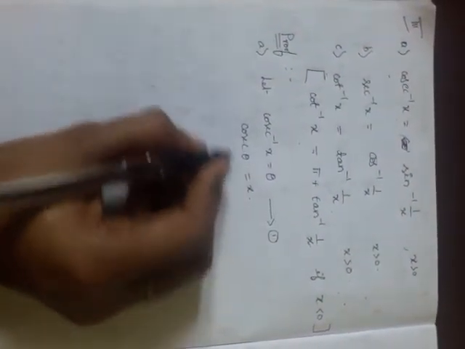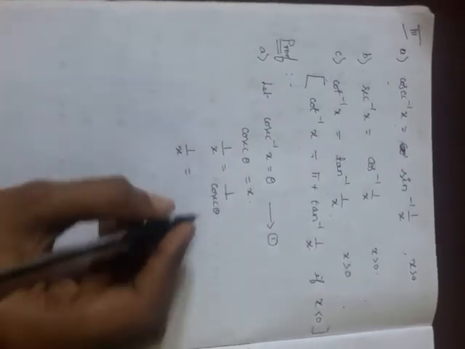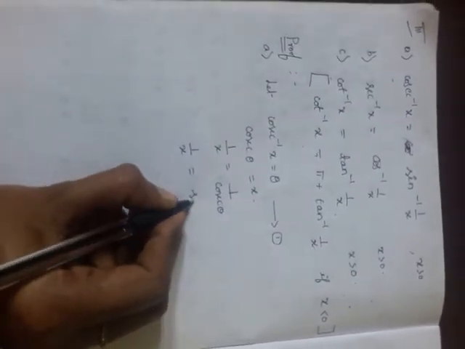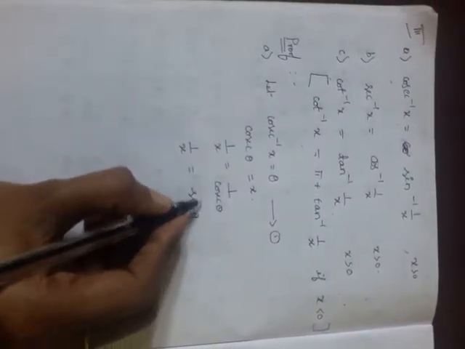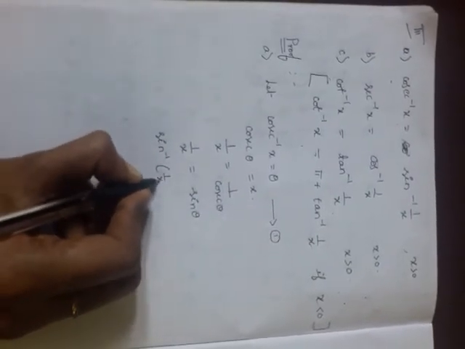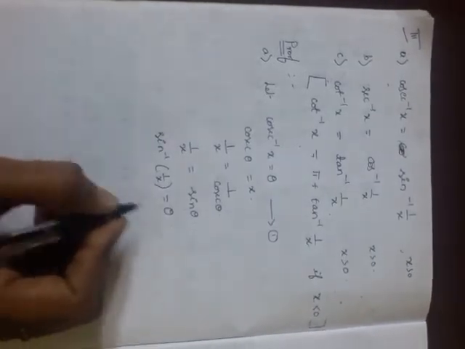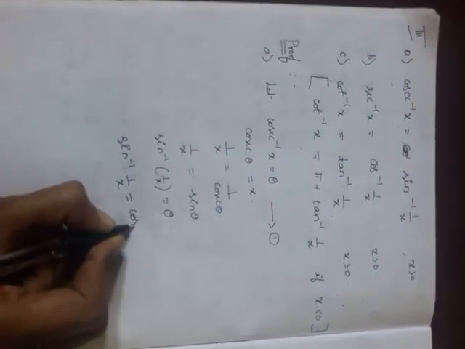Then 1 by x equals 1 by cosecant theta, and 1 by cosecant theta is equal to sin theta. Bring sin theta to this side, that is sin inverse of 1 by x equals theta. Our theta is cosecant inverse x.